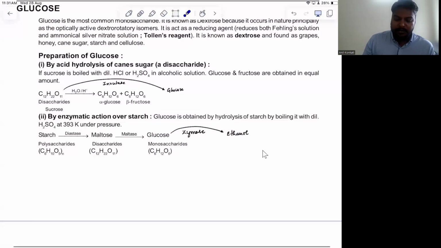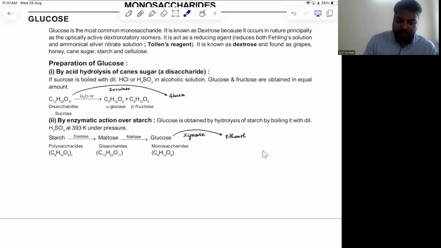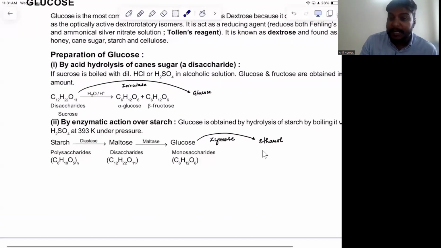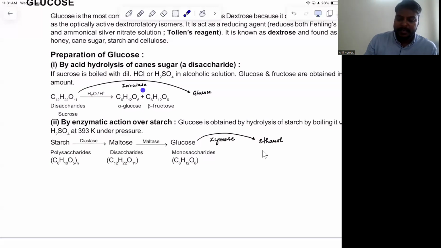Now, if you notice glucose, if you want sucrose to convert into glucose and fructose, either you do acidic hydrolysis or you use a catalyst, an enzyme catalyst. In this case, invertase. Invertase will also give you glucose and fructose.